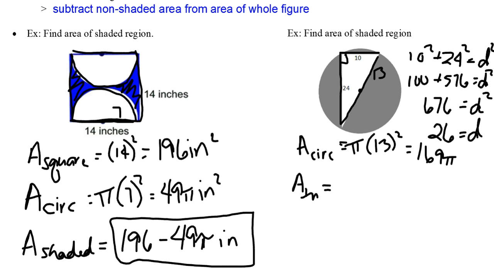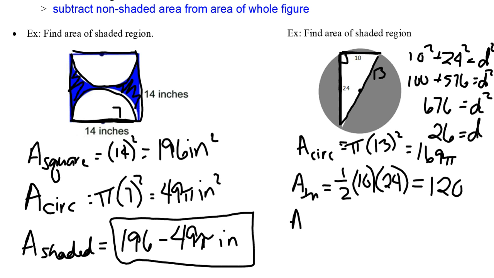Now, base and height, we said, are always going to be perpendicular, so I can use this 10 and 24. They are perpendicular. We can call those the base and the height. So I can say that this is 1/2 times the base, which we'll call 10, times the height 24. And when I multiply that all together, I get 120 square inches.